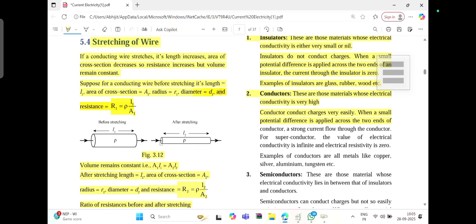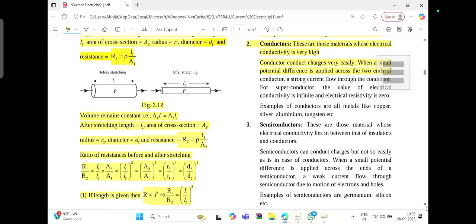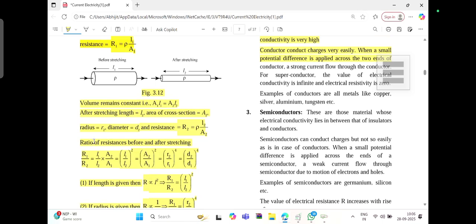After all, the volume will remain constant. So after stretching the length is L2 and area of cross section A2, but the volume is constant. That's why R2 is equals to rho L2 by A2 and R1 is equals to rho L1 by A1.